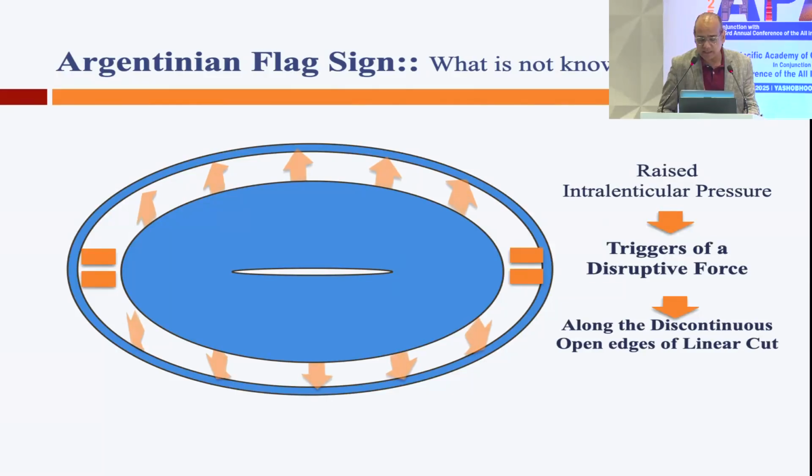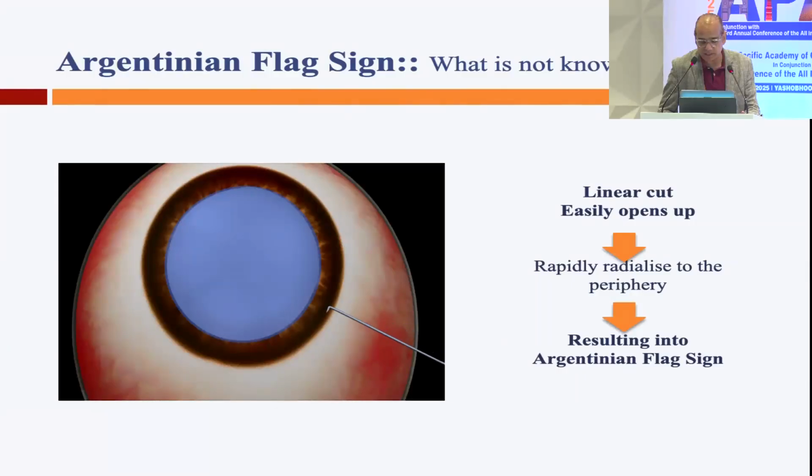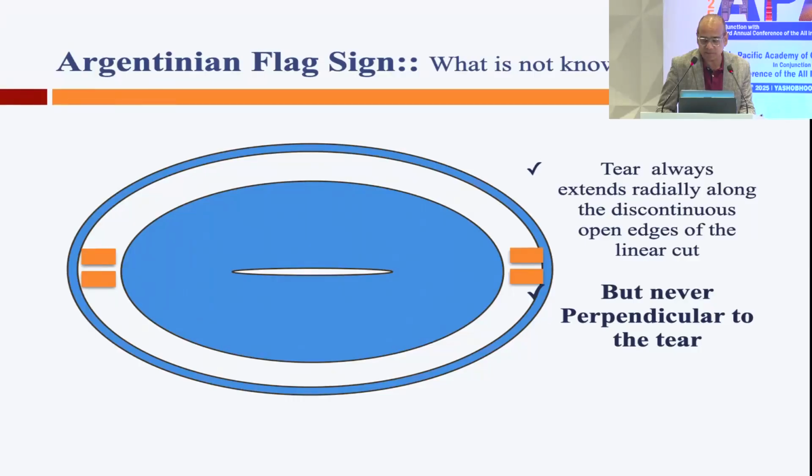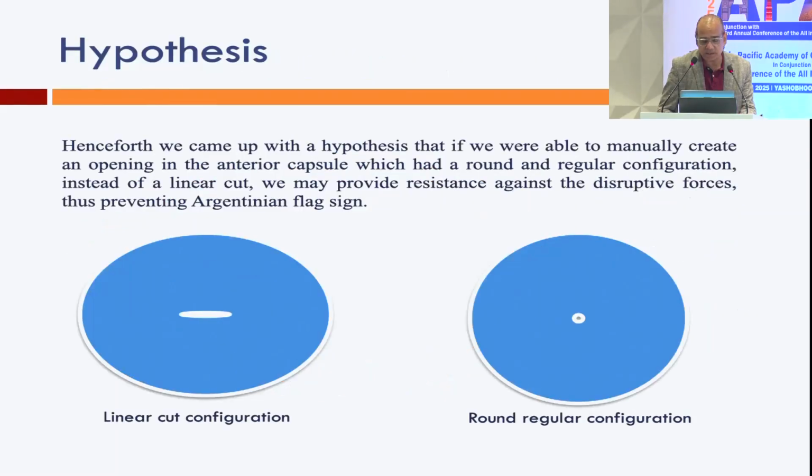So there is raised intralenticular pressure that triggers the disruptive forces along the discontinuous open edges of the linear cut. And what is not known is that this linear cut easily opens up and rapidly radializes to the periphery, resulting in the Argentinian flag sign as seen in this animated video. And this tear always extends radially along the discontinuous open edges of the linear cut. It is never perpendicular to the tear.